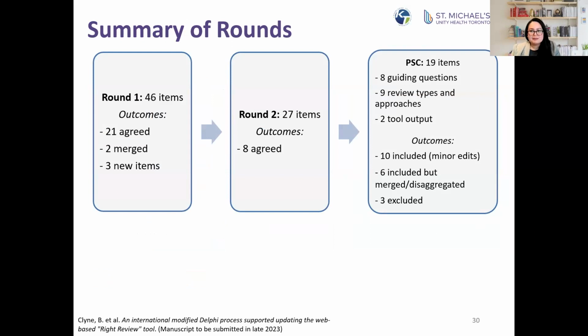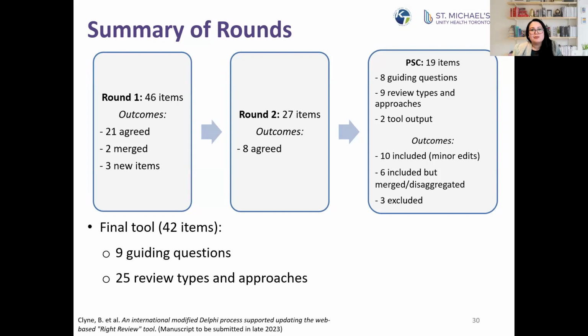Therefore, 19 items were left for discussion by the project steering committee. Of these 19, 10 had minor edits, 6 items were disaggregated or merged, and 3 were excluded. This resulted in a final tool with 9 guiding questions, 25 review types and approaches, and 8 tool outputs.